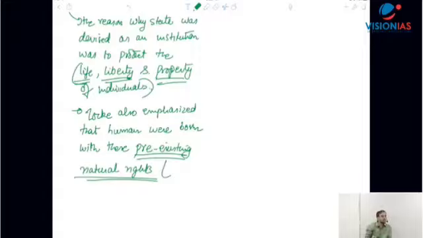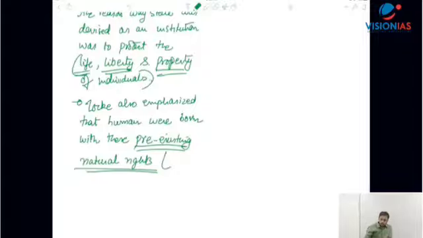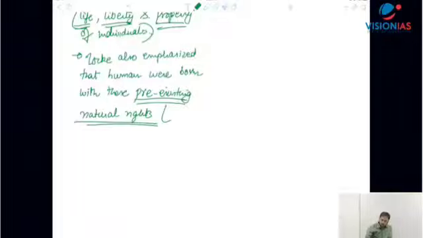The state came into existence because it was a voluntary union formed by people. People themselves came together and formed a state primarily to ensure that those who rule protect these three basic freedoms of humans. Okay, and those are the right to life, liberty, and property. And Locke emphasized that humans were born with these pre-existing natural rights.